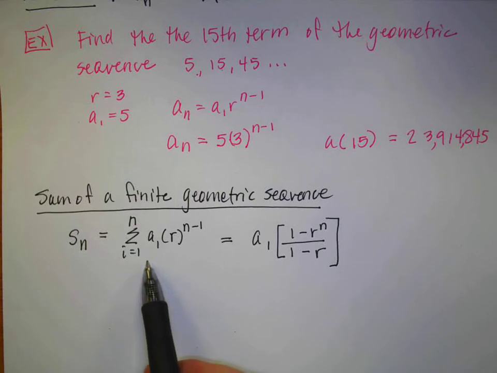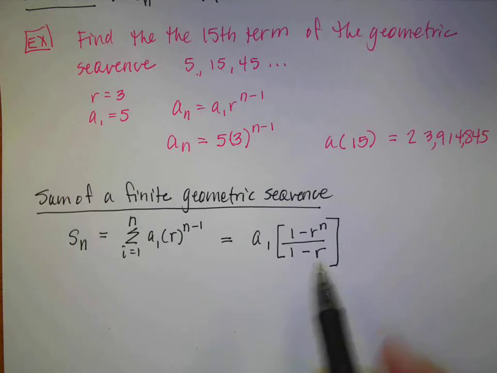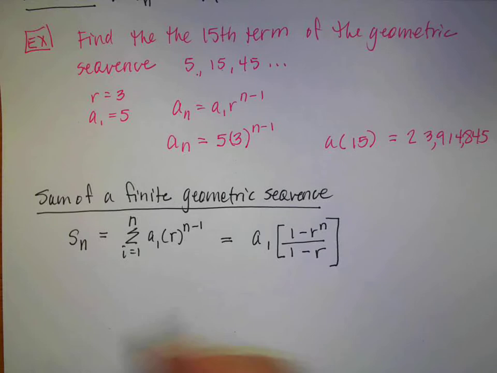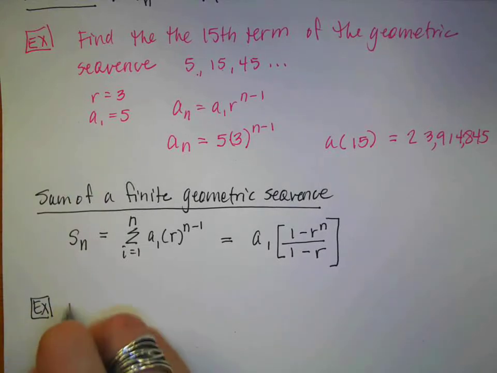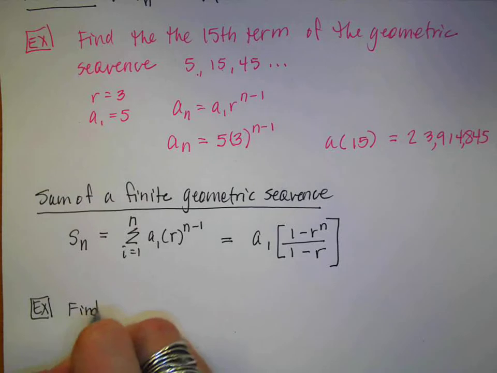Yes, I could put this into my calculator, but if it's a no calculator portion of a test, you would need to be able to pull this off, at least to be able to set it up.